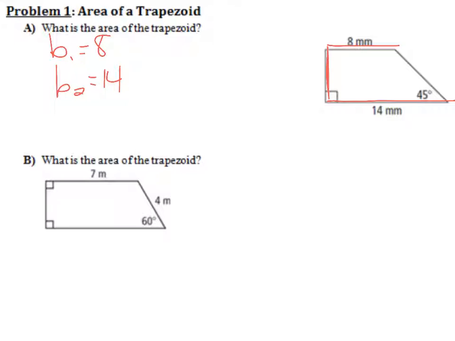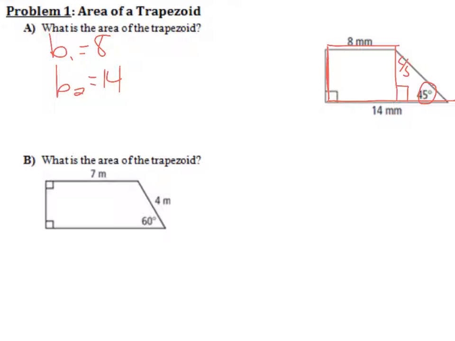We're going to use that irregular figures part, and I'm going to change this trapezoid into a rectangle and a triangle. Now what that's going to do for me is I'm given this 45-degree angle right here. I drew a vertical line, so this is going to be 90. My third angle is going to be a 45-degree angle as well, and we've worked with 45, 45, 90 triangles.